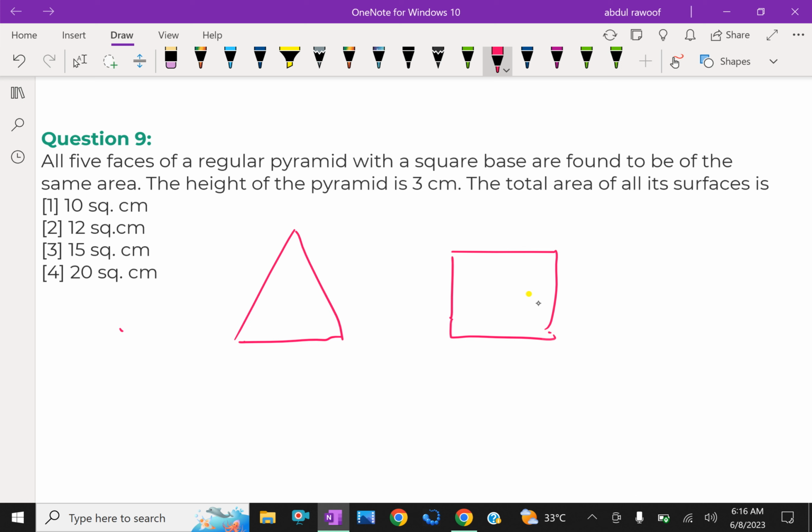Here, the height of the triangular face, with base A, we have to find.